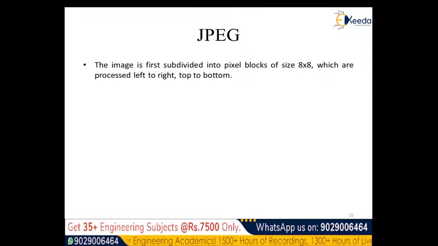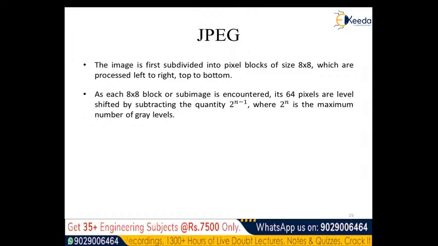Now the image is first of all subdivided into pixel blocks of size 8 by 8, which are processed left to right and top to bottom. As each 8 by 8 block or subimage is encountered, its 64 pixels are level shifted by subtracting the quantity 2 to the power n minus 1, where 2 to the power n is the maximum number of gray levels.